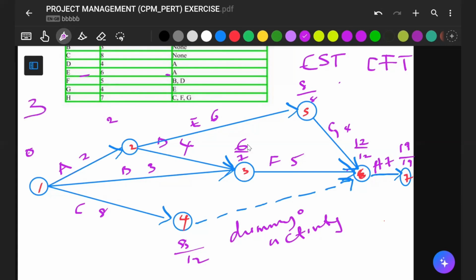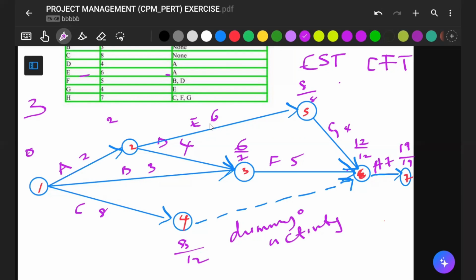Then the other activity is here as well. Here you say 8 minus 6, which gives us 2. So when you are going back, the subtraction that gives you the lowest value is what you pick.